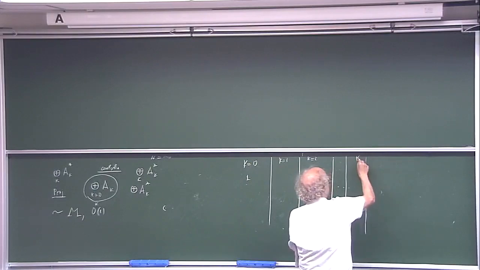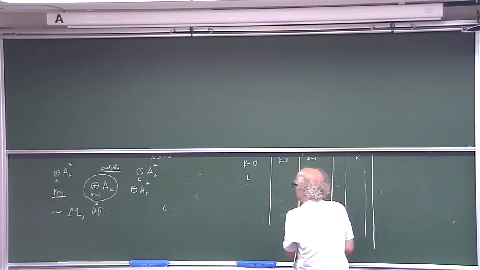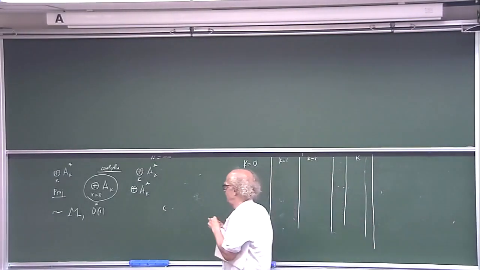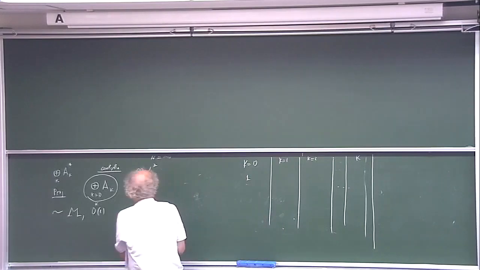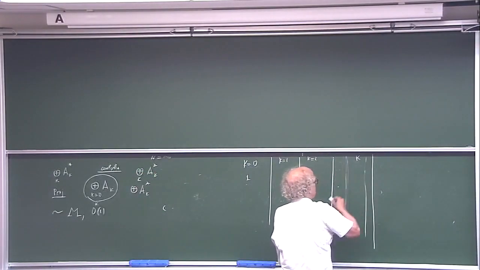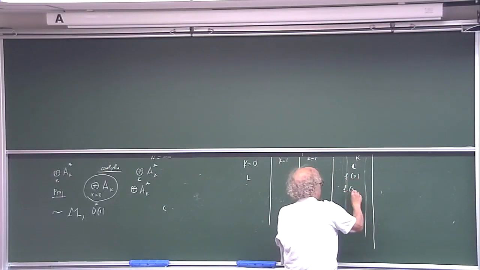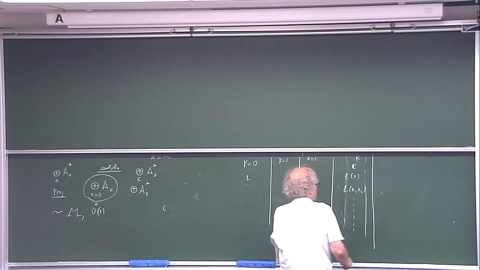So what do we have in degree k? We have the grading, and what we have here is the sum of the following spaces: constants, functions in one variable, functions in two variables, and so on.